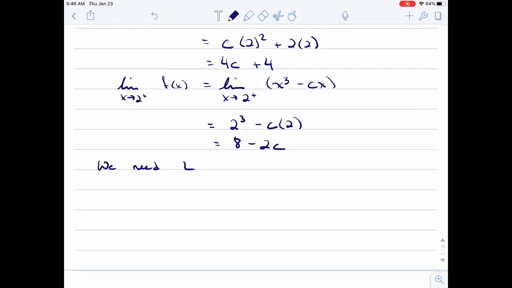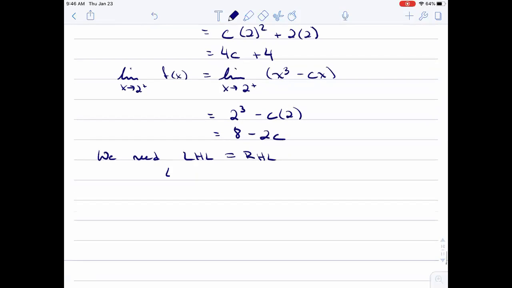We need the left-hand limit to equal the right-hand limit. Which means that we need 4c plus 4 to equal 8 minus 2c. Right? So we need to find the c that makes that happen.